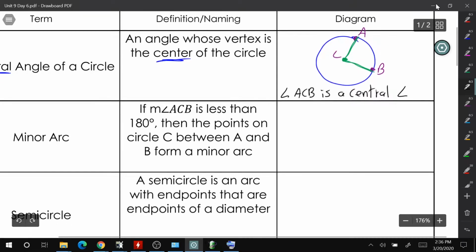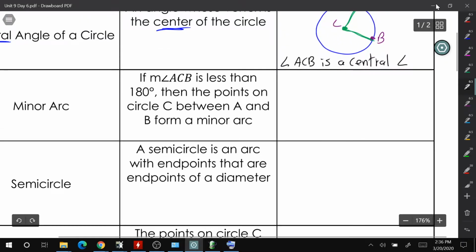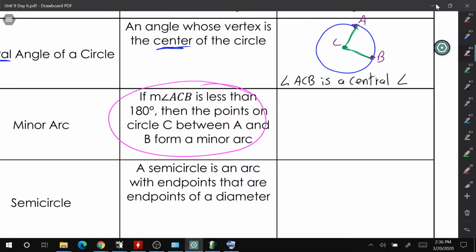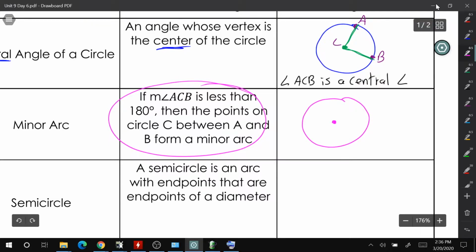Now, we have things that are called minor arcs, semicircles, and major arcs. The math definition of a minor arc probably doesn't make a whole lot of sense. I think it's easier to look at a picture. So if we have a circle, and we'll use the same one from above, with A, C, B, the minor arc is less than a half circle.